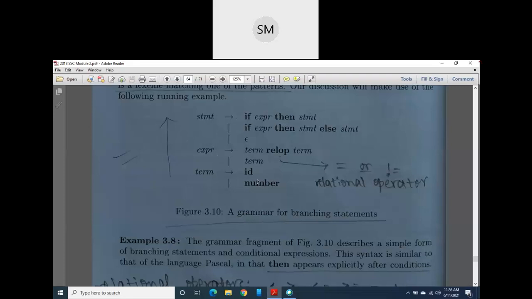As I already told you, if you write like this, it is called a regular definition, because you are defining regular expressions. The right side of this arrow mark consists of regular expressions. If you give a name to these regular expressions, then you are defining them, and you can call it a regular definition.